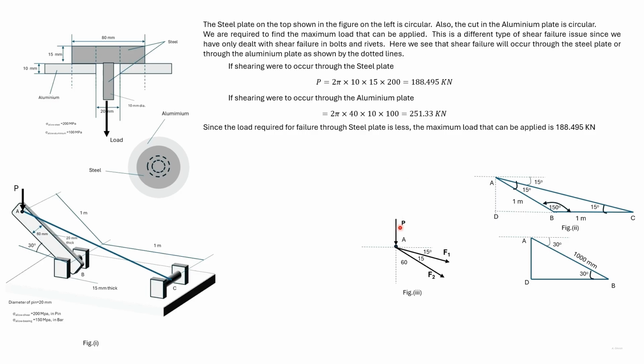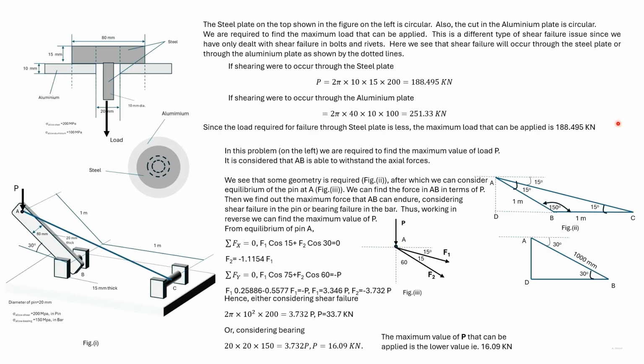The load here is applied at joint A, and so we can solve this problem by considering equilibrium of joint A. So we consider all the forces in the vertical direction and in the horizontal direction first. So F1 cos 15 degrees plus F2 cos 30 degrees is equal to 0, from which we get a relation between F2 and F1.